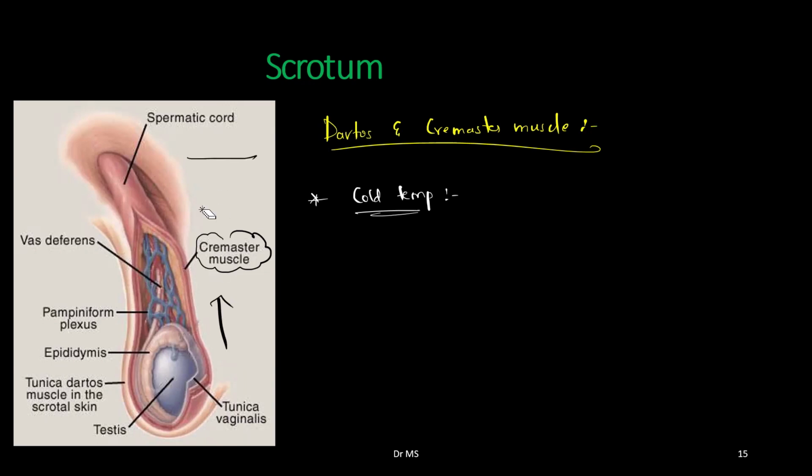When it comes closer to the abdomen, which is usually at 36.5 degrees Celsius, the body temperature, the testis is brought close to this temperature. They absorb the heat from the body and increase their temperature. Understood? So when the outside temperature is cold, the cremaster and dartos muscles start contracting.